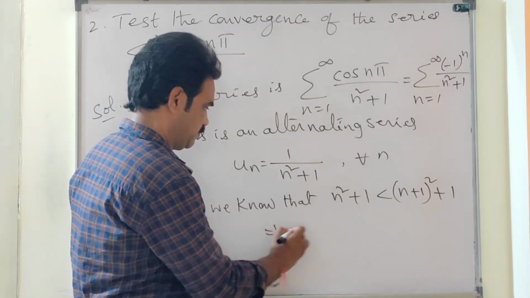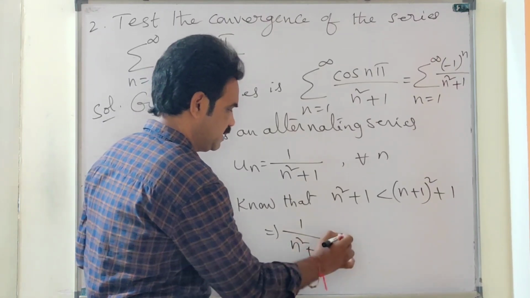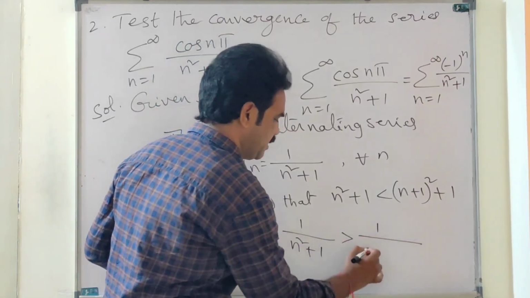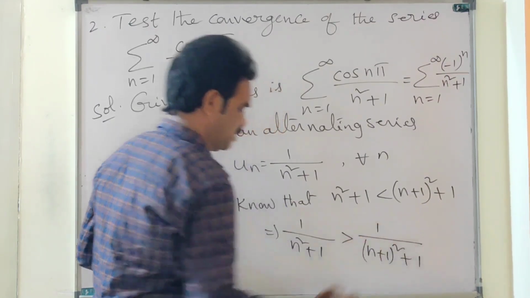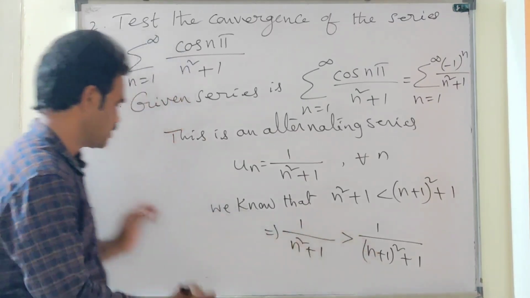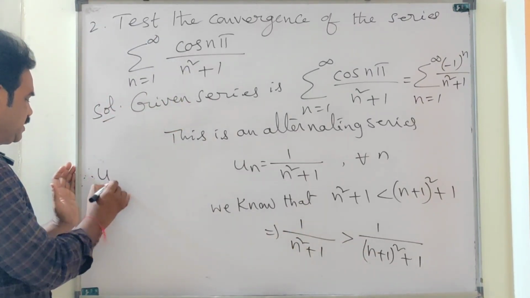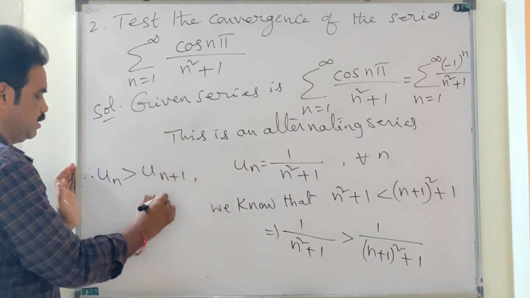That implies 1 by n square plus 1 is greater than 1 by (n plus 1) whole square plus 1. But 1 by n square plus 1 is un and this is un plus 1. Therefore, un is greater than un plus 1 for all n.